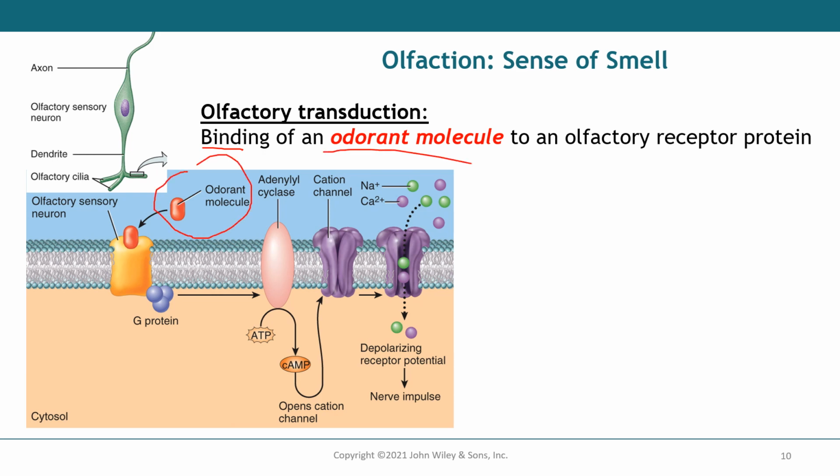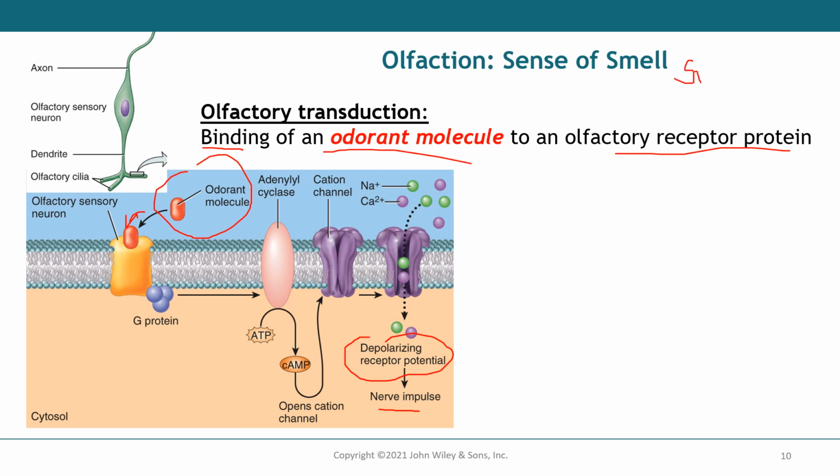It's going to attach to an olfactory receptor protein. In the following slide, I'm going to show you a video that explains what is happening. But the key idea is that there will be a lot of changes at the molecular level that will, as a conclusion, produce a depolarization of the receptor potential, and they will trigger a nerve impulse. So this is olfactory transduction.